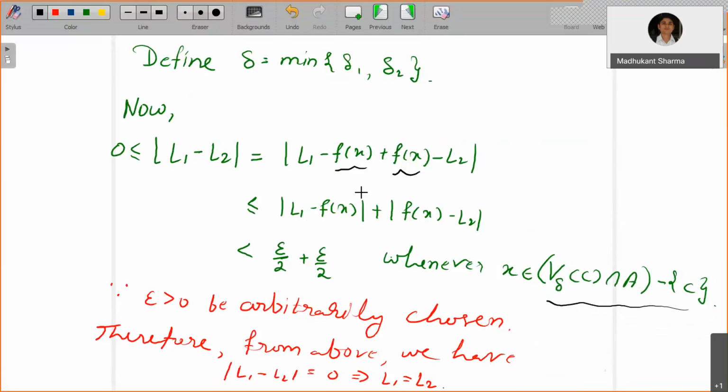Then this quantity is going to be less than epsilon by 2, and this quantity is also less than epsilon by 2 due to the previous. So together, this is going to be epsilon.